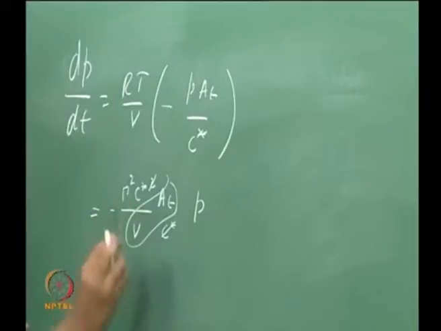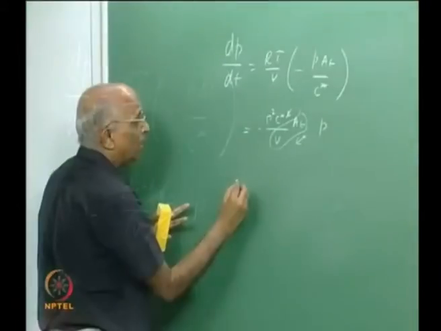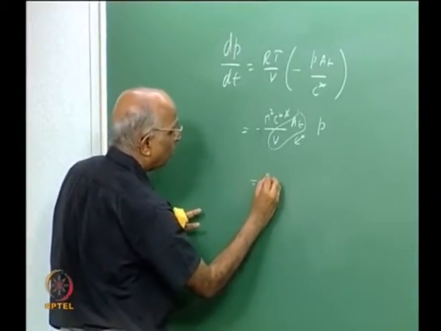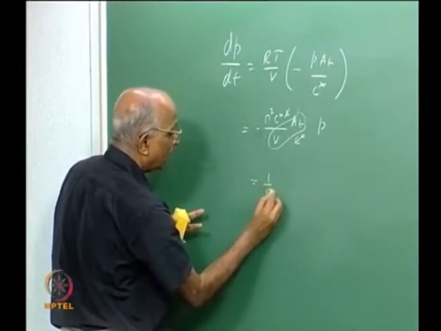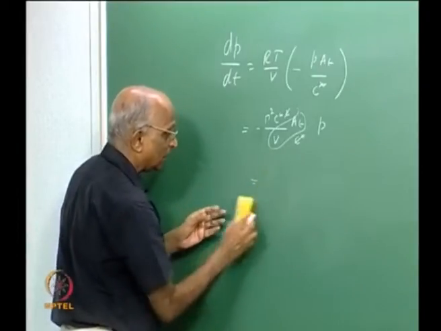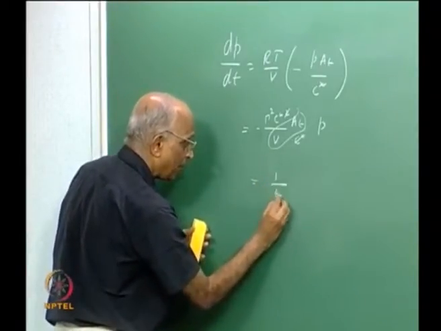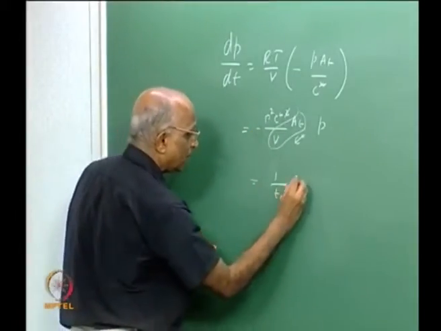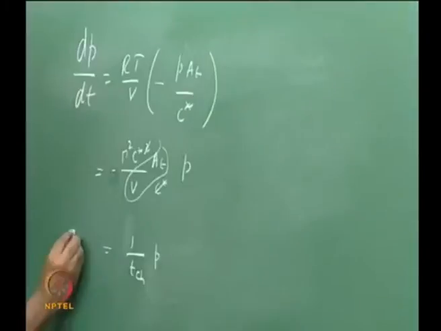So I could also write this equation in the form of 1 over L star divided by C star, which is 1 over the characteristic time, because length over velocity has a unit of time, and P over here is equal to dP by dt.